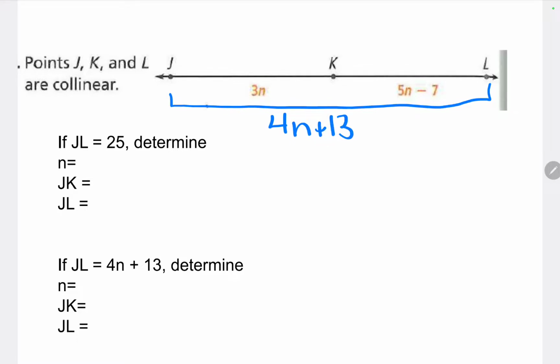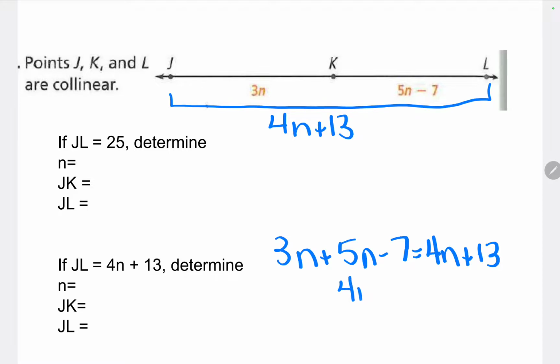And we can write another equation, 3N plus 5N minus 7 equals 4N plus 13. And combining these, I get 8N. 8N minus 4N is 4N. 13 plus 7 is 20. So N is 5. That means that JK is 15.